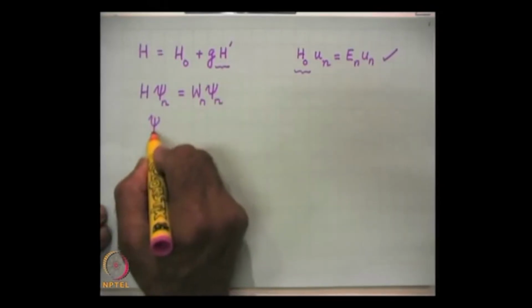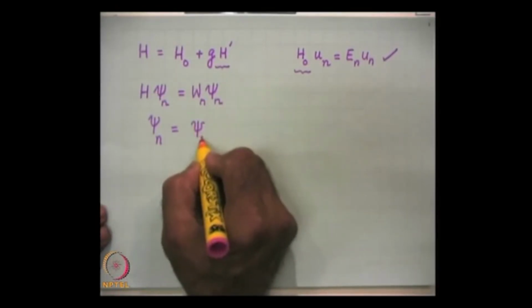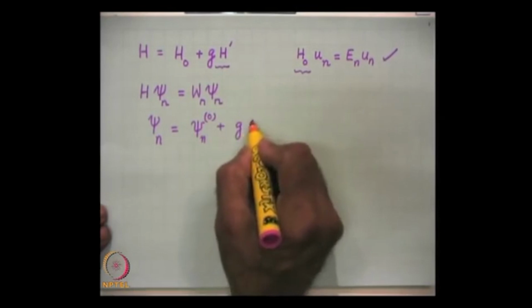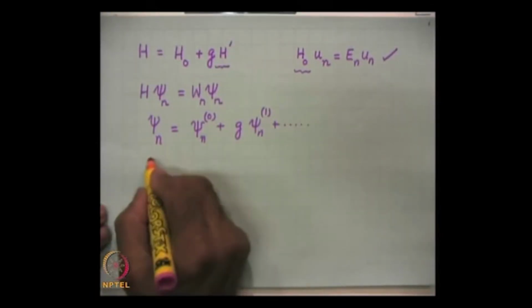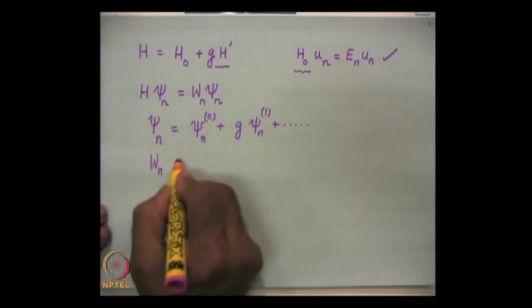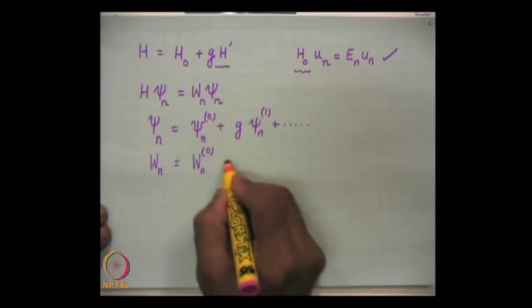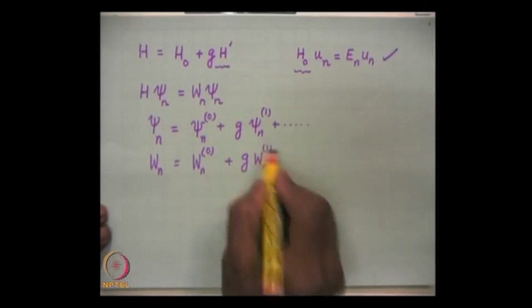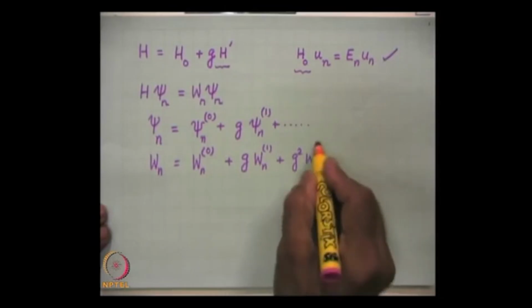So, we write psi n is equal to psi n 0 plus g psi n 1 plus g square psi n 2 and so on. Similarly, W n is equal to W n 0 plus g times W n 1 plus g square times W n 2 and so on.